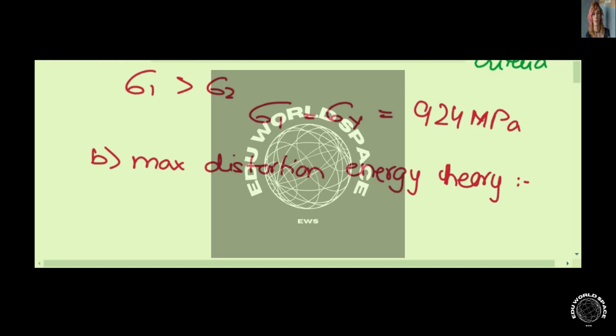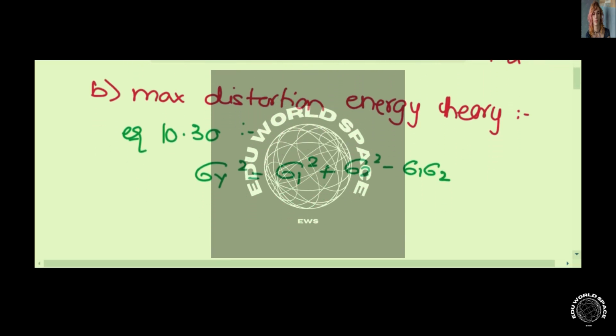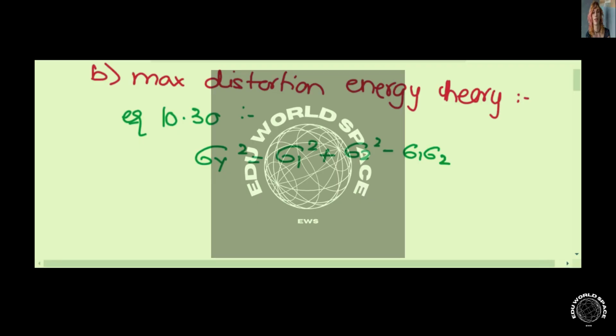For this theory, we will use equation 10.30, in which the square of the yield stress is equal to the square of the principal stress 1 plus the square of the principal stress 2 minus the product of these stresses. Now what I'm going to do over here is plug in the given value of sigma sub 2 in terms of sigma sub 1. So I'm going to plug it back over here.